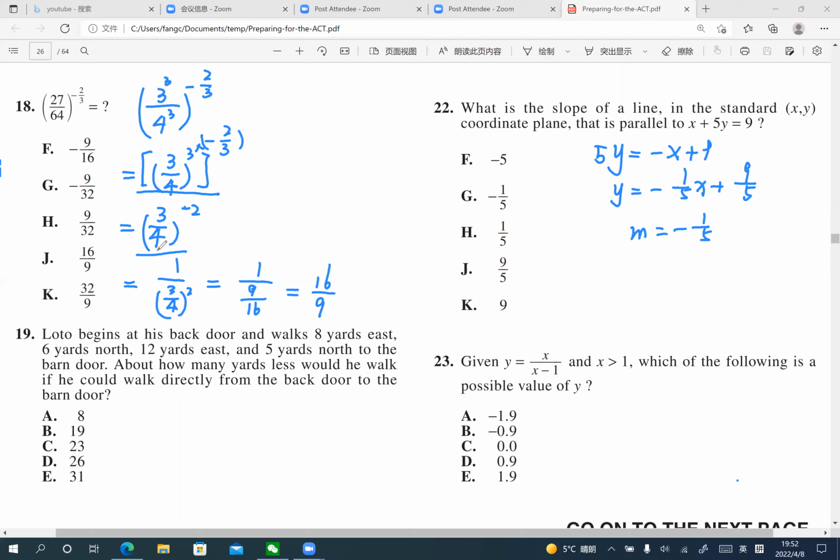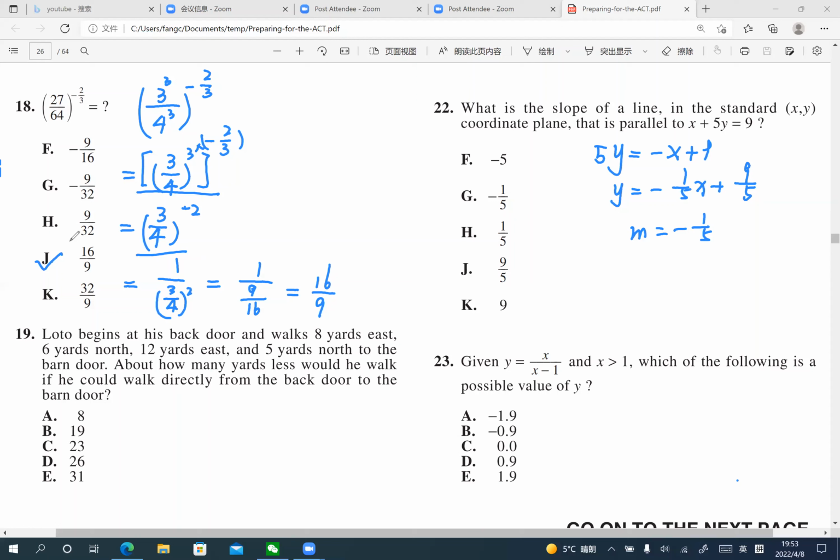So 3/4 to the power of negative 2, according to the negative exponent rule, is equal to 1 over 3/4 squared, which is 9/16. So 1 divided by 9/16 equals 16 over 9. So we should choose option J.